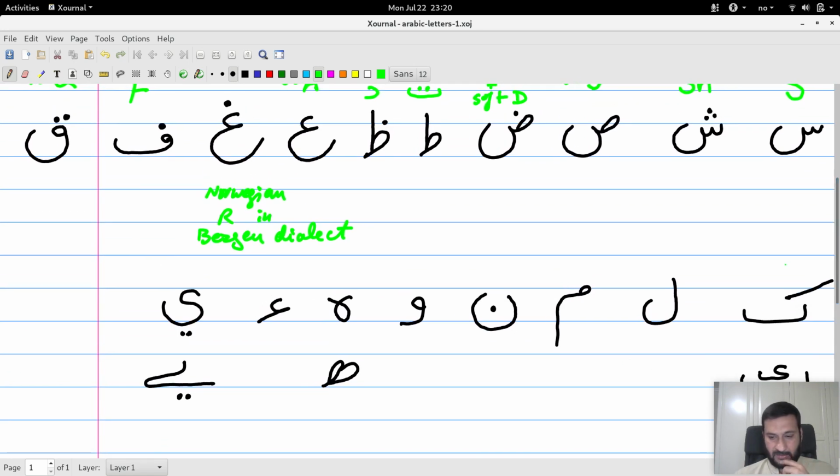So kaf is just K, and lam is L, mim is M, and noon is N, waw is, sometimes you can use it if it's in the beginning of the word, then its sound is V or a W. But when it's in the middle of a word, then it is used to represent O, as in O. So I should write this all in the same place.